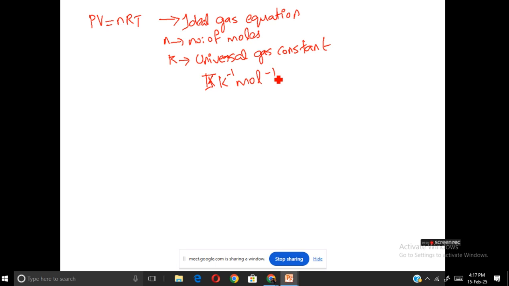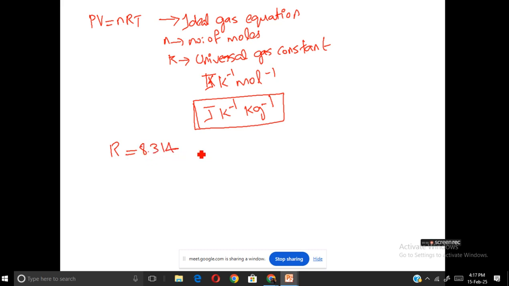So instead of joule per Kelvin per mole, we will convert the unit into joule per Kelvin per kilogram. When considering atmospheric motions, we are interested in the mass of the air parcel undergoing the motion instead of the number of moles. R has a value of 8.314 joule per Kelvin per mole, and 1 mole has a mass equal to the molecular mass of the gas.